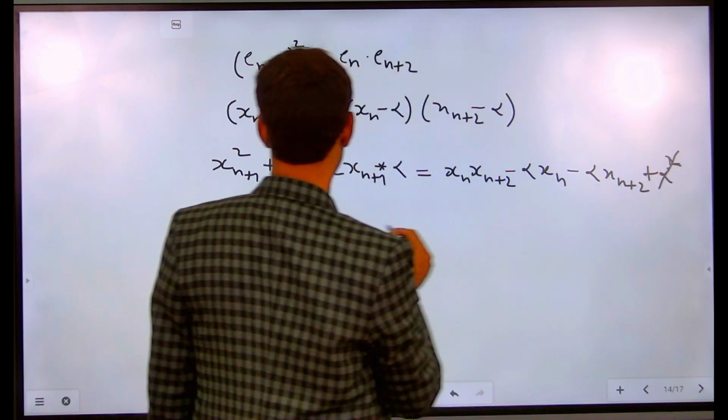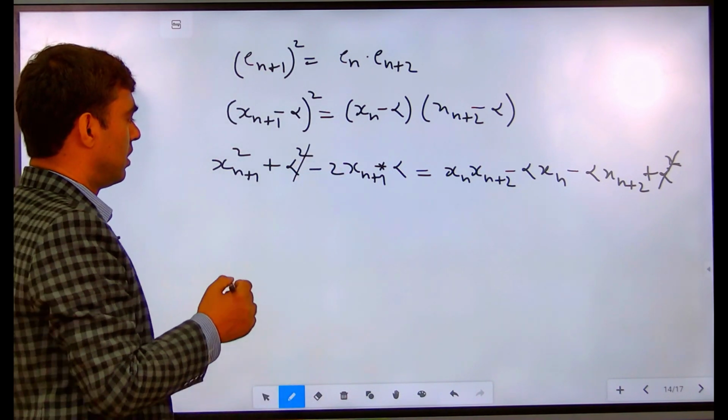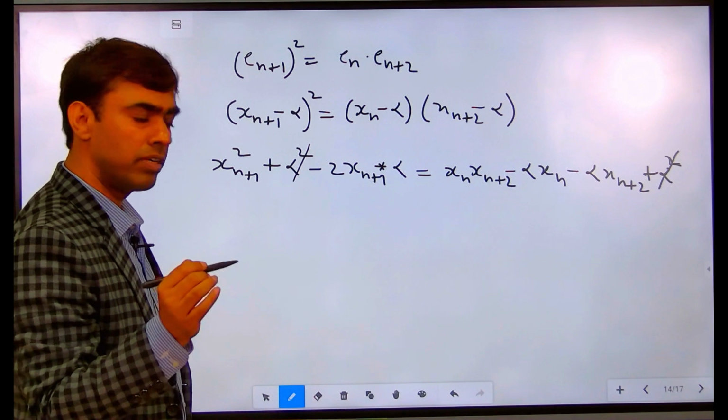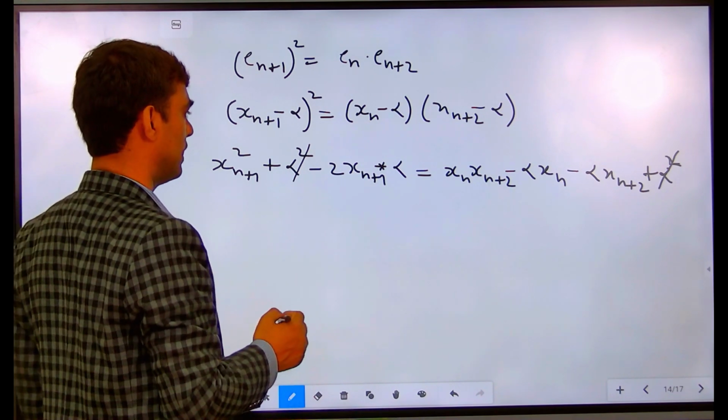Now, alpha square cancels out, and we equate the terms associated with alpha and all other terms on the right hand side.